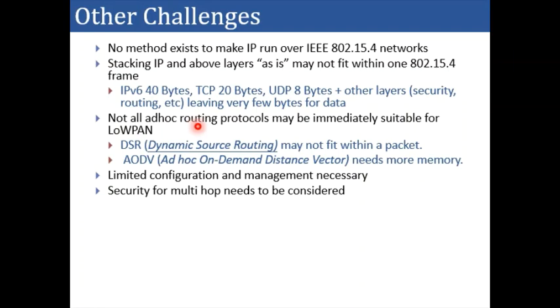Also, not all ad hoc routing protocols may be immediately suitable for 6LoWPAN. The requirement which we have for the routing is DSR, that is dynamic source routing, which may not fit within a packet if we use IEEE 802.15.4 at the MAC and physical layer.